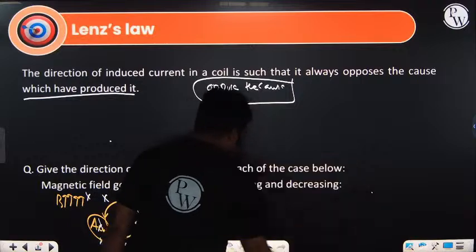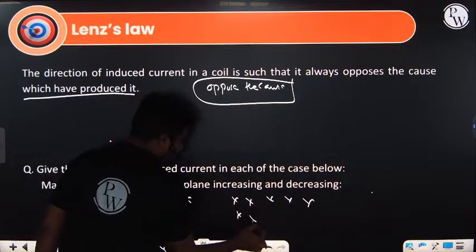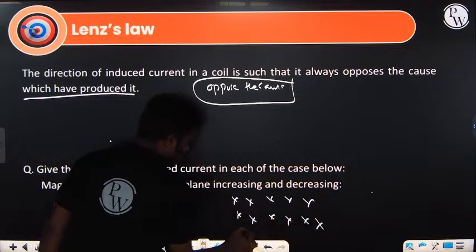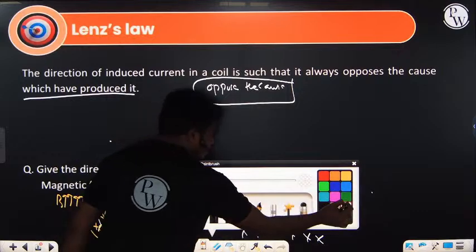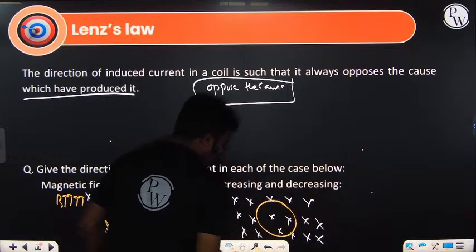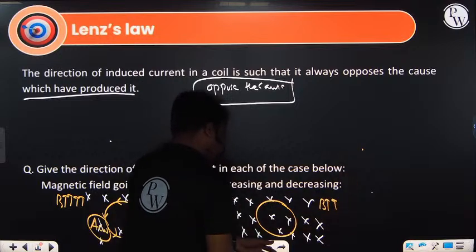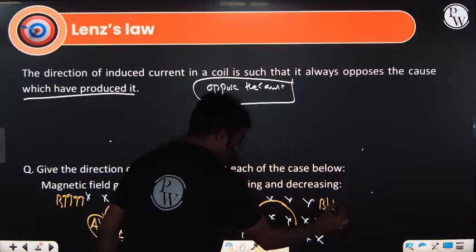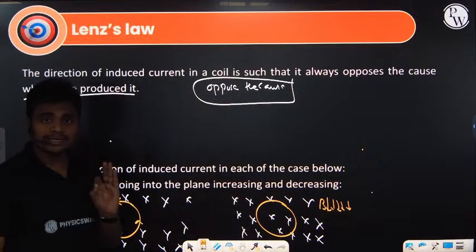Suppose in the second part the magnetic field decreases with time, and we have the coil placed in the decreasing magnetic field. What will be the direction of the induced current in that case? The magnetic field going into the plane is decreasing its value. We want to increase the magnetic field. How can we increase it?